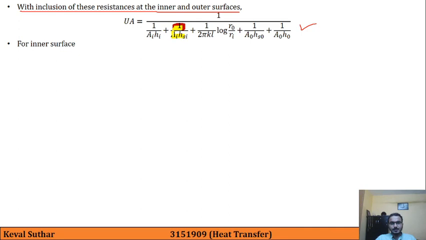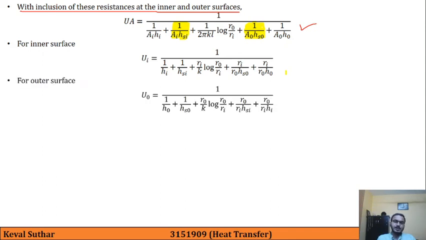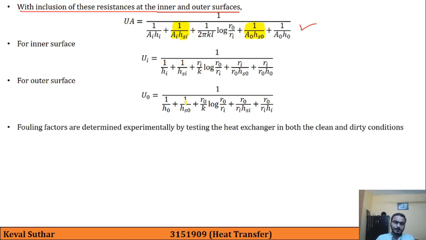We have added 1 divided by AI HSI and 1 divided by AO HSO, because of the scale heat transfer coefficient. For the inner surface, UI is equal to 1 divided by this denominator, and similarly for the outer surface, UO will be based on the outer surface area.